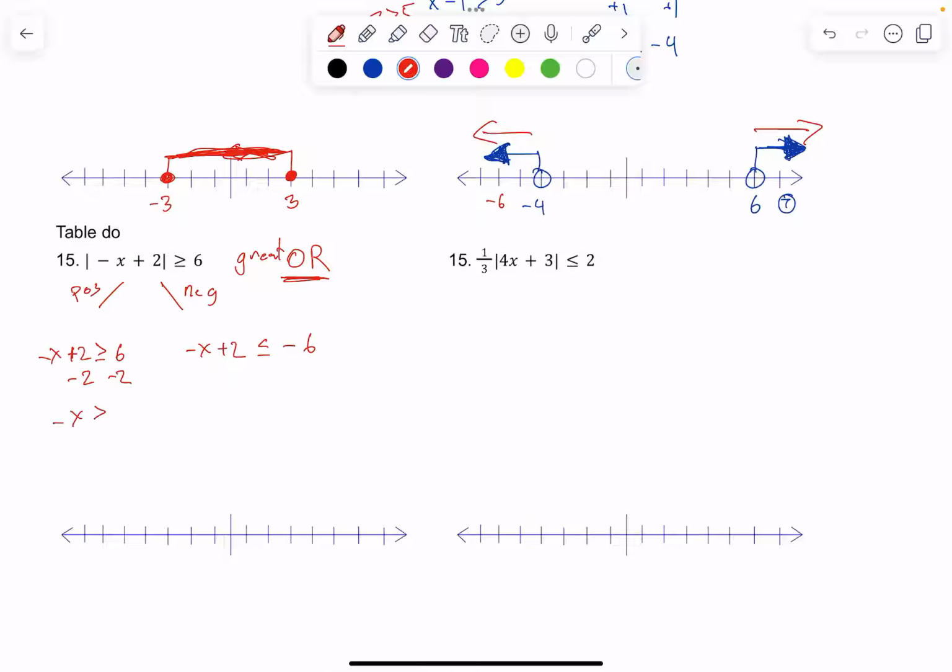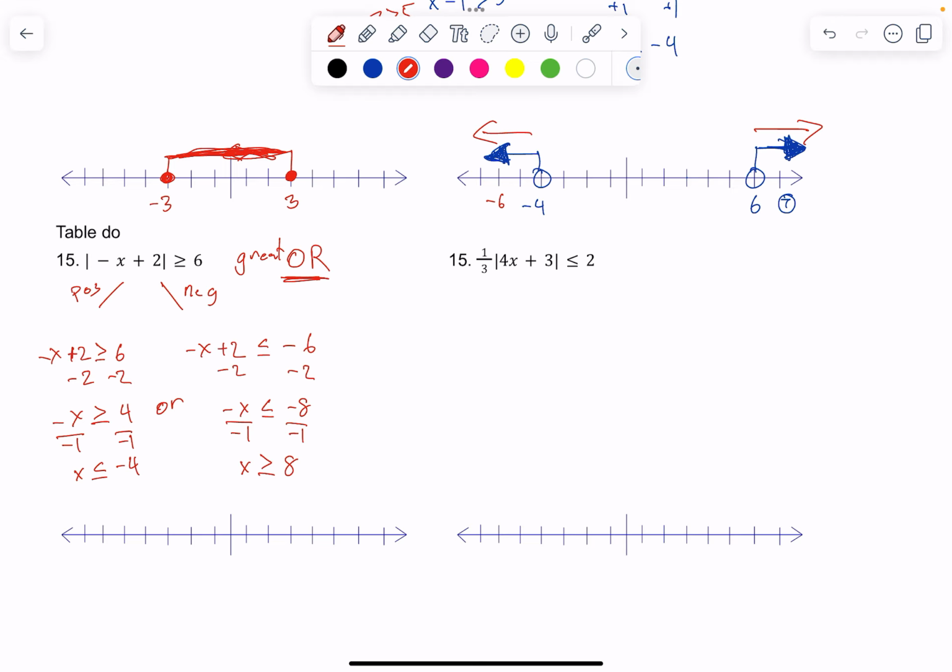Negative x is greater than or equal to 4. Divide by negative 1, divide by negative 1. I get x is less than or equal to negative 4. On this one, given that's an "or" statement, I'm going to have minus 2, negative x less than or equal to negative 8, divide by negative 1, divide by negative 1, and I get x is greater than, switch the sign, 8.